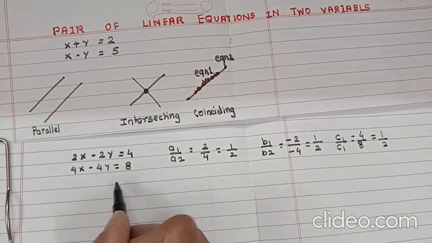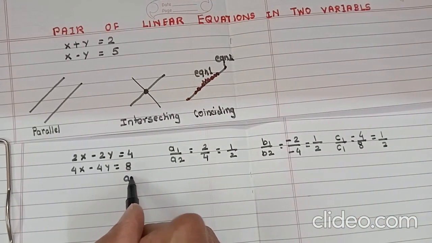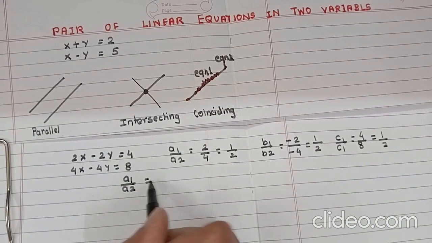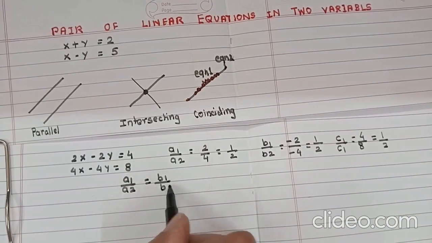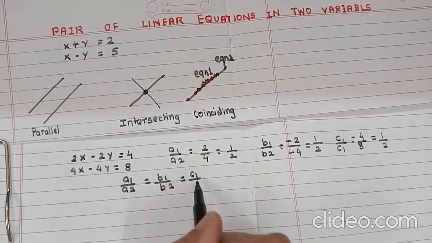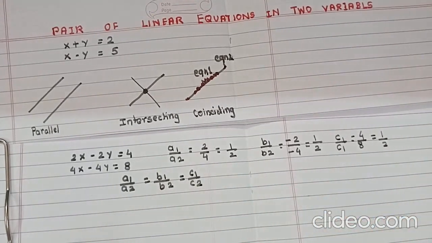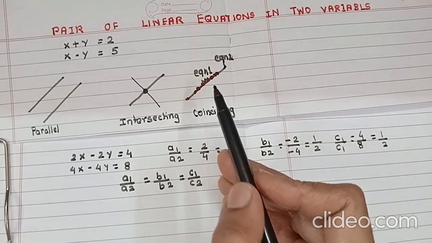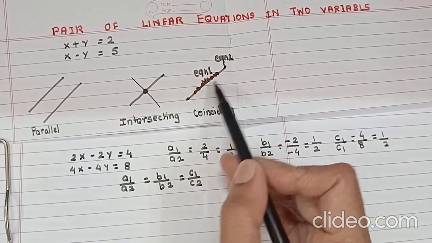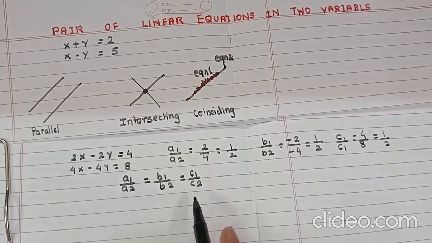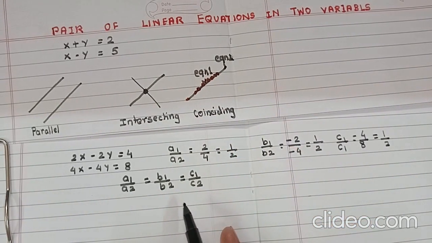So you get here a1 upon a2 is equal to b1 upon b2 is equal to c1 upon c2. So what do you understand? That these have many solutions because all the three ratios are equal.